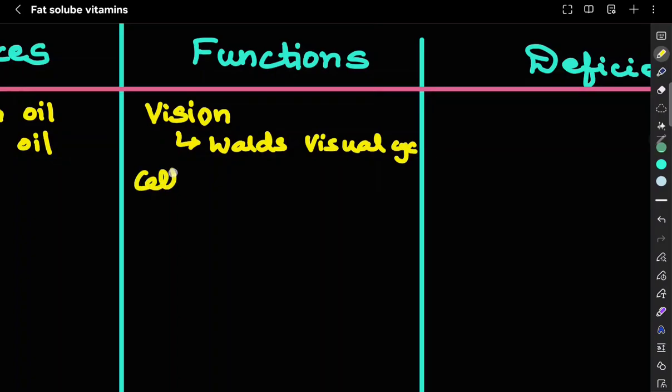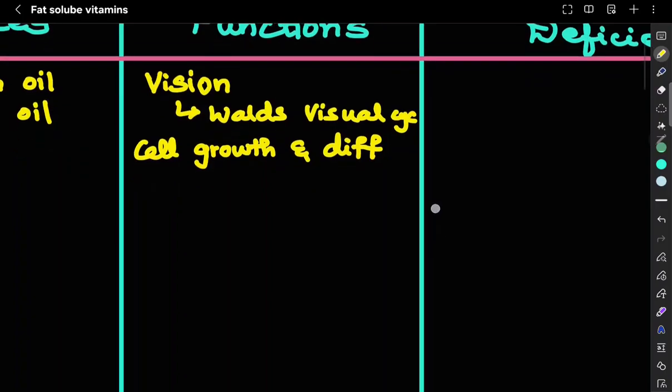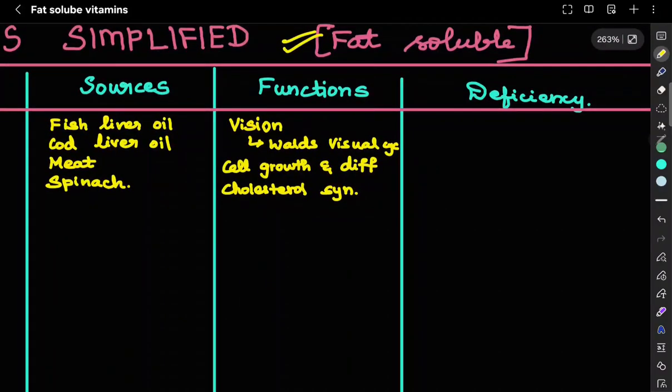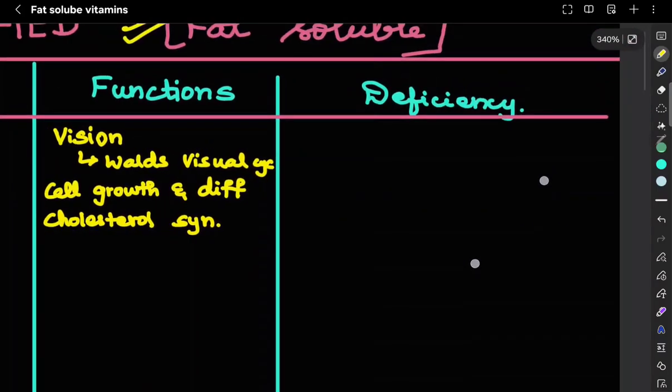And they are also required for cell growth and differentiation, and they are required for cholesterol synthesis. Okay, so for vision, cell growth and differentiation, cholesterol synthesis.